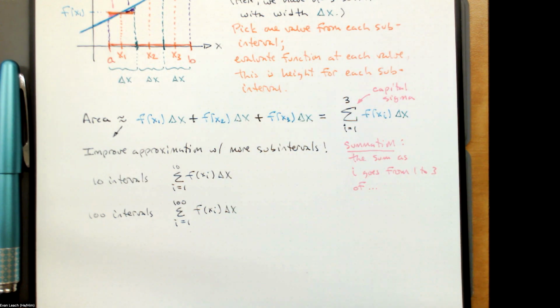Maybe we improve it by using 100 subintervals. What would calculus say to do? How many subintervals should we do? 1,000? 1,000,000? 1,000,000,000? 100 billion? That's a reference to a movie that's older than all of them.